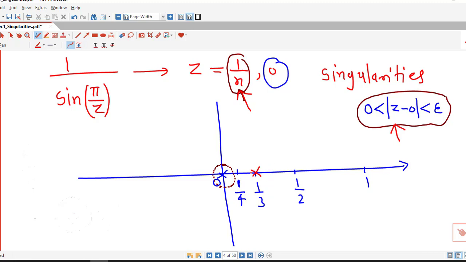That we can do easily, because if we observe, the nearest point at which this function is not analytic is 1 by 4. So if we consider a circle which has 1 by 4 on its boundary, then our function will be analytic at every point in the deleted neighborhood of this z equal to 1 by 3.